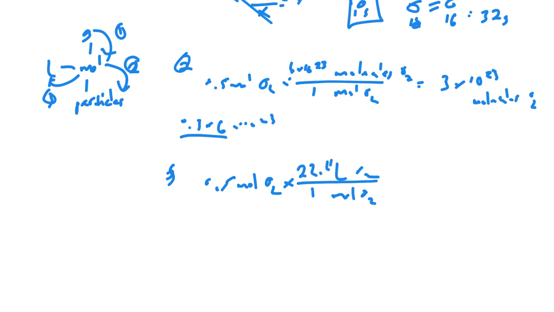So now I can do the math, cancel off my units, and so 0.5 times 22.4 is just half of 22.4, which is 11.2 liters of O2 gas. Okay, and now we've just converted 16 grams of oxygen gas into moles, particles, and liters.